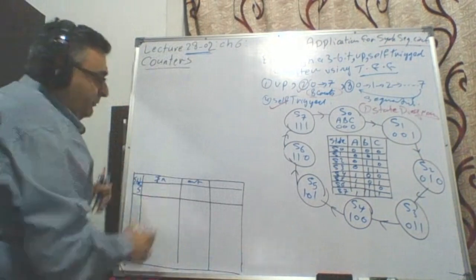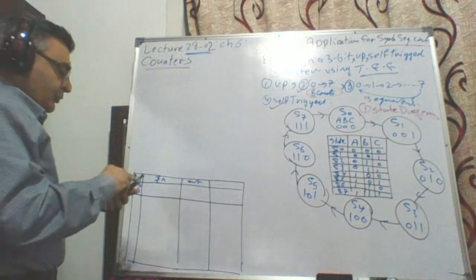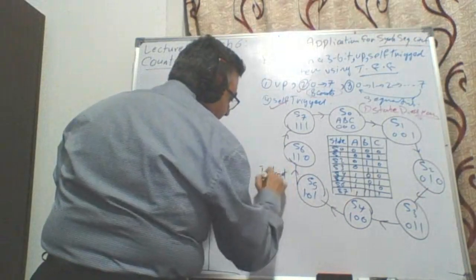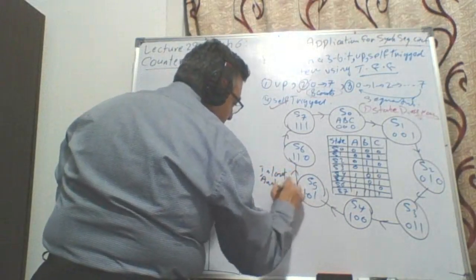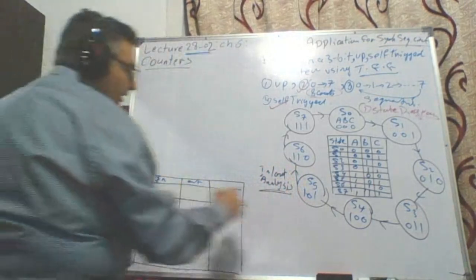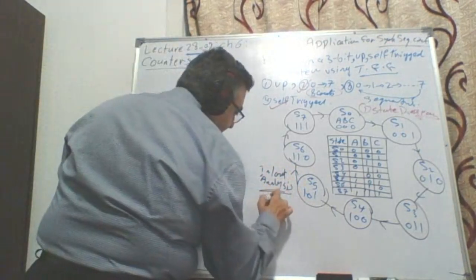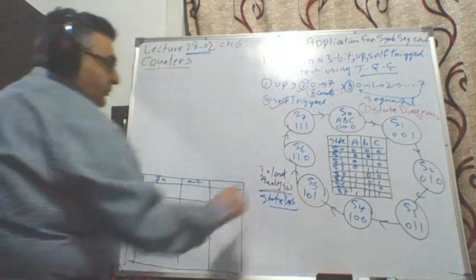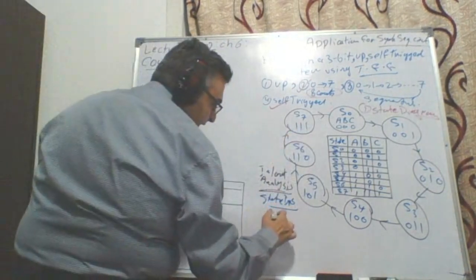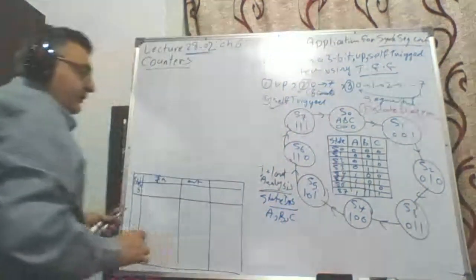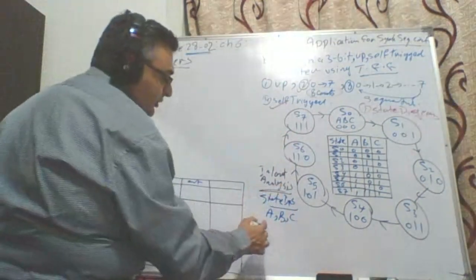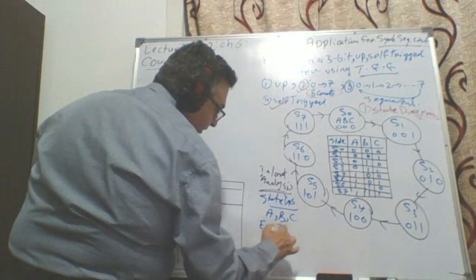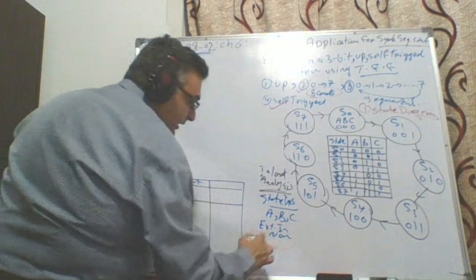how many state inputs? If I'm doing an input-output analysis, the input-output analysis here is very simple. How many state inputs? State inputs are 3: A, B, and C. I have 3 flip-flops. Do I have any external input? None. So external input is none. Okay.